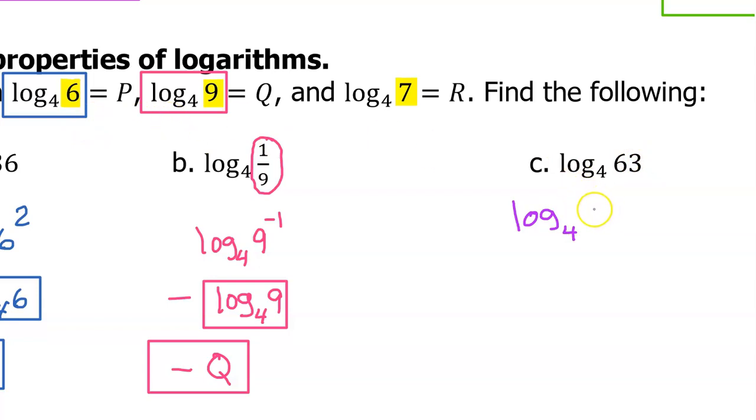So we can rewrite this as log base 4 of 9 times 7. And then what can I do with that? I can do that product rule. So tell me exactly what to write.